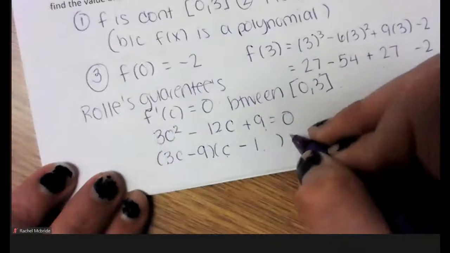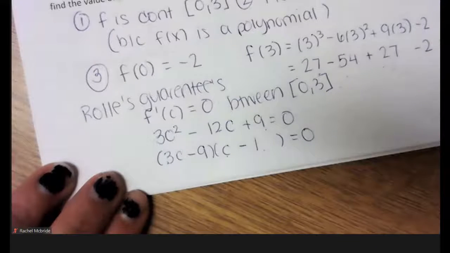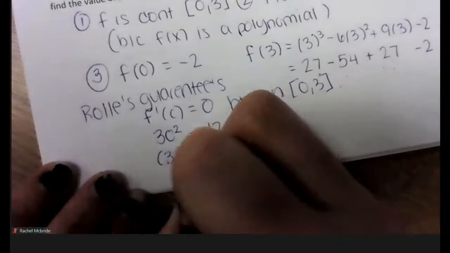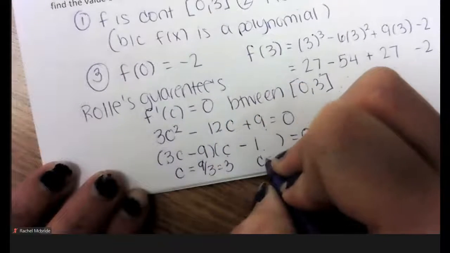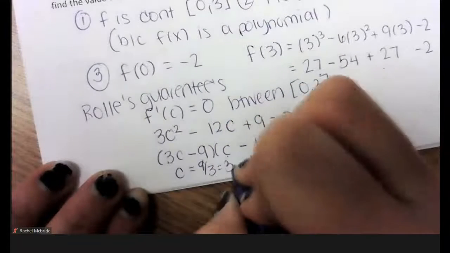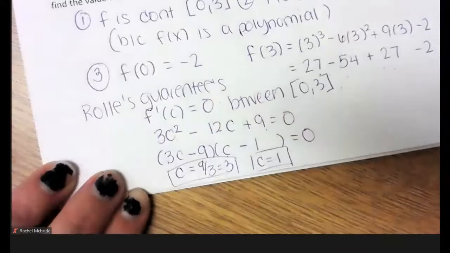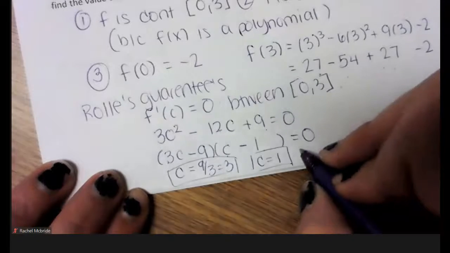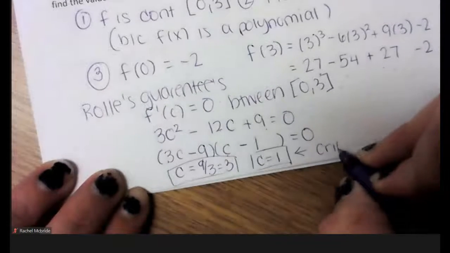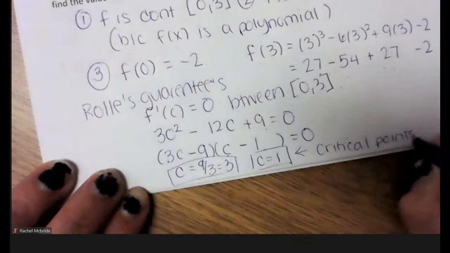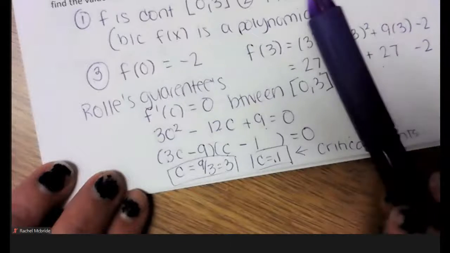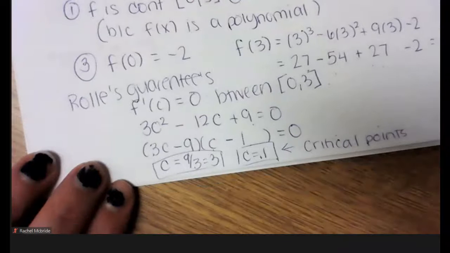Okay? And then solve for c. So we get c equals 1 and c equals 3. Those are also considered the critical points, as well as the values guaranteed by Rolle's theorem.